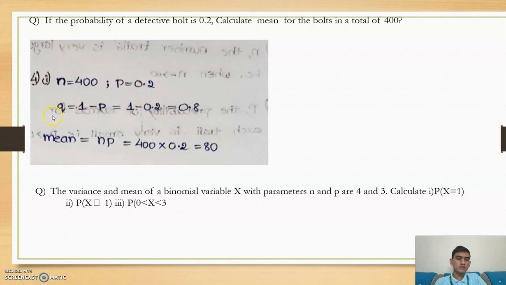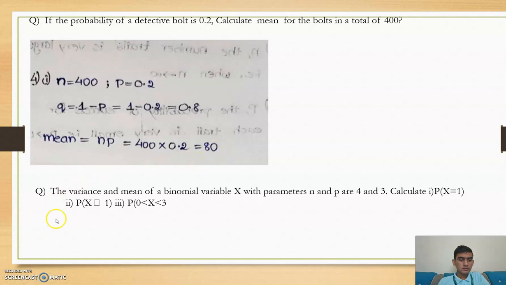We will find q: 1 minus p is equal to 1 minus 0.2 is equal to 0.8. The formula of mean is np. np is equal to 400 into 0.2 is equal to 80. So the mean is 80.